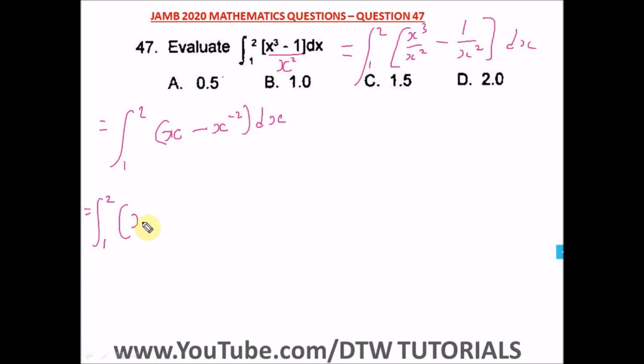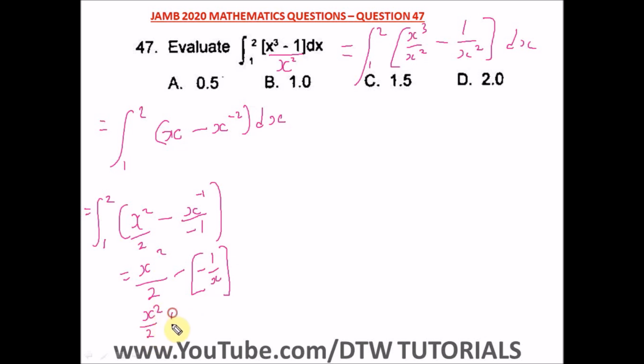It is x squared over 2 minus x to the power minus 1 over minus 1, which is the same thing as x squared over 2 minus 1 over x. Please don't be confused. Is equal to x squared over 2 plus 1 over x.